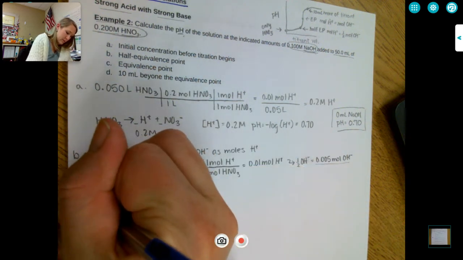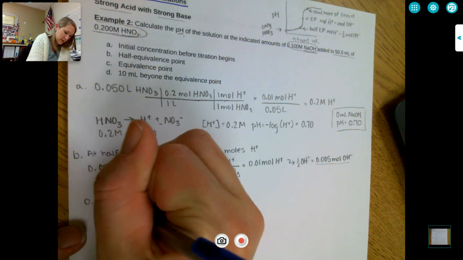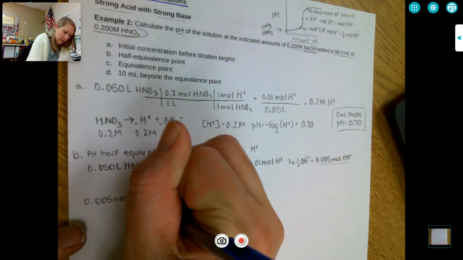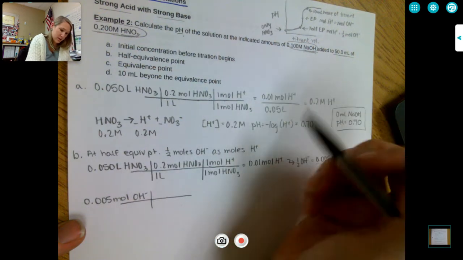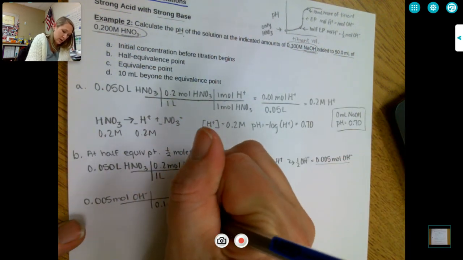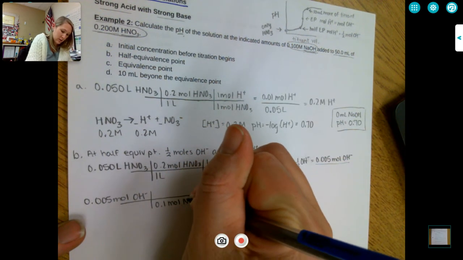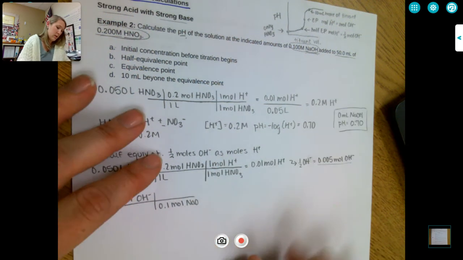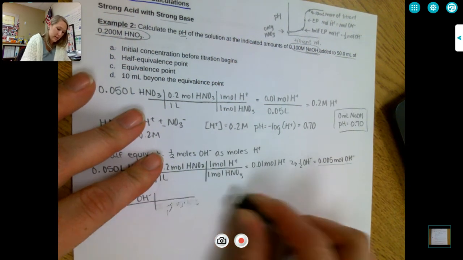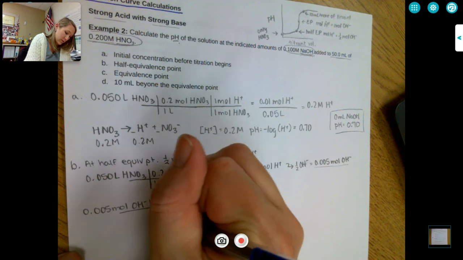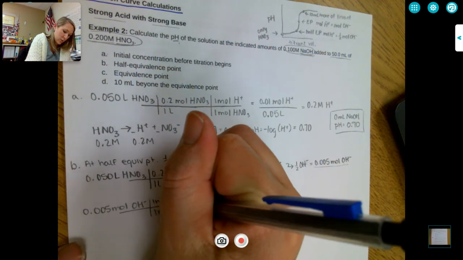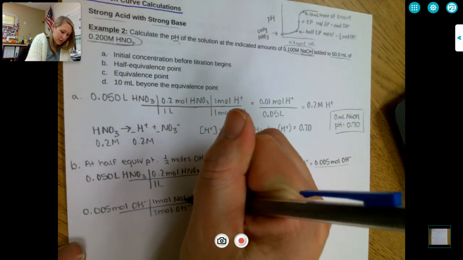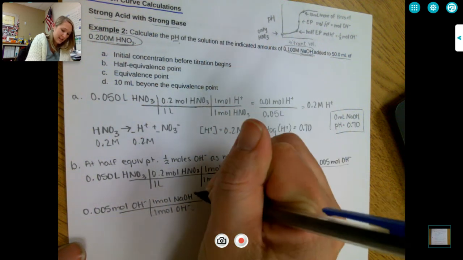If I have 0.005 moles of hydroxide, and I know that my concentration is 0.1 moles of sodium hydroxide. Well, technically, we should say that for every 1 mole of hydroxide ions, we have 1 mole of sodium hydroxide. We should be technically correct.